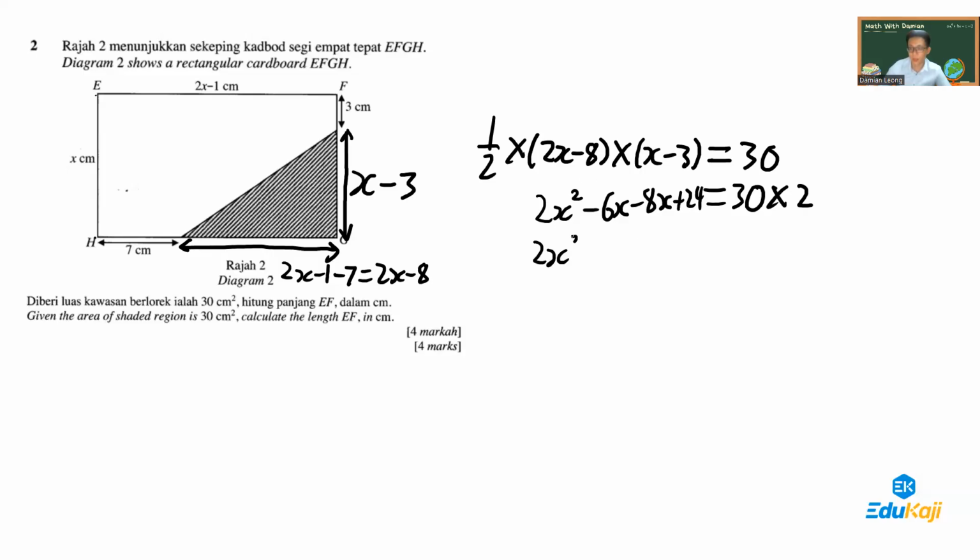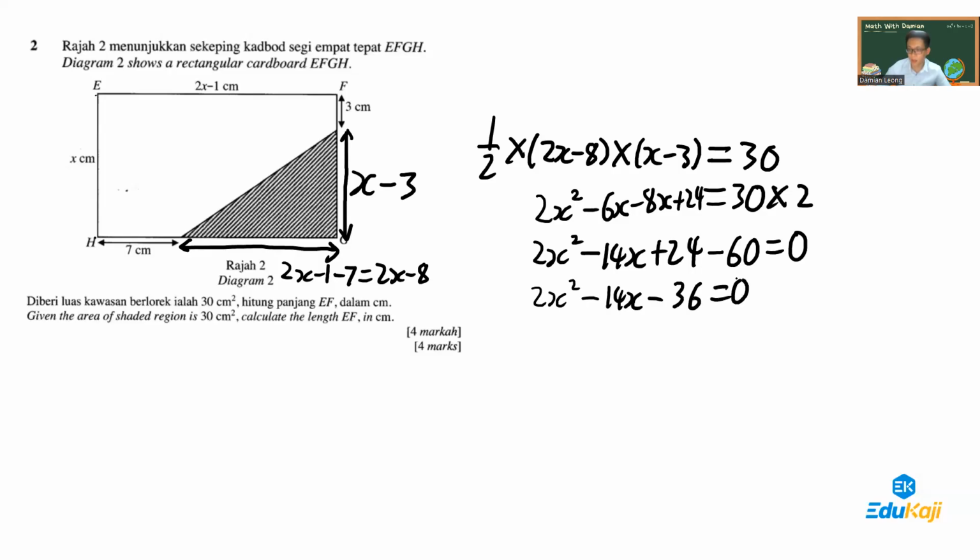So it's 2x squared minus 14x plus 24. 30 times 2 is 60. I can bring it over, positive becomes minus, minus 60 equals 0. So 2x squared minus 14x minus 36 equals 0.